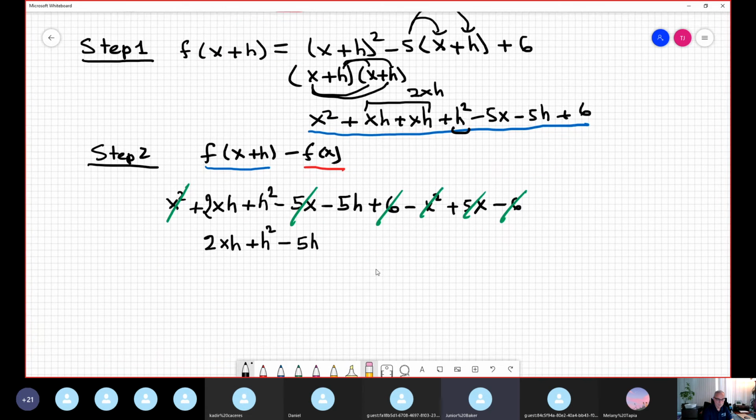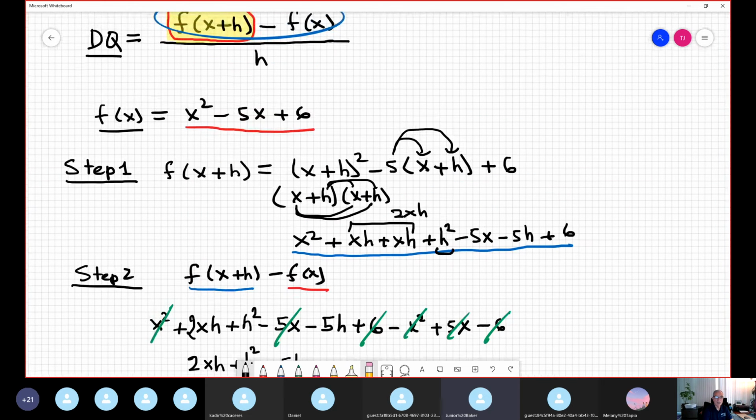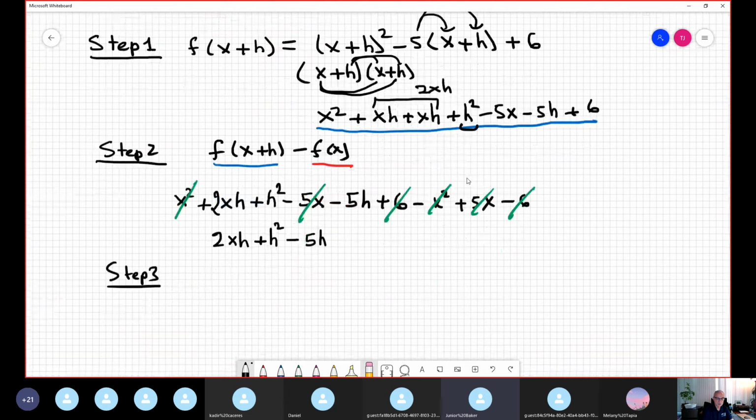Dylan, it is divided by h. Okay, super easy. Divided by h. Look at the formula. In the formula, the last thing is divided by h here. This is easy because you take this expression, which I got in the second step, and you divide by h.